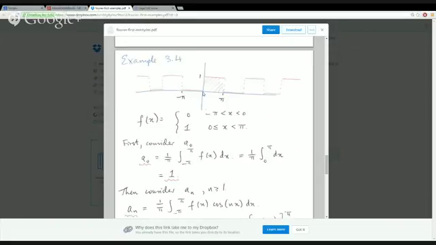Now from this Fourier series, we can get a really nice result because of the presence of pi here. See pi here kind of hiding away in the middle of the formula. We can get a nice result about pi, which you may or may not be familiar with before today.